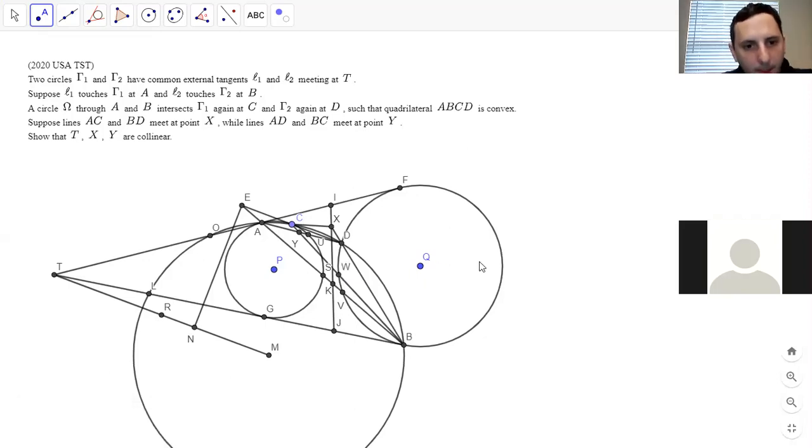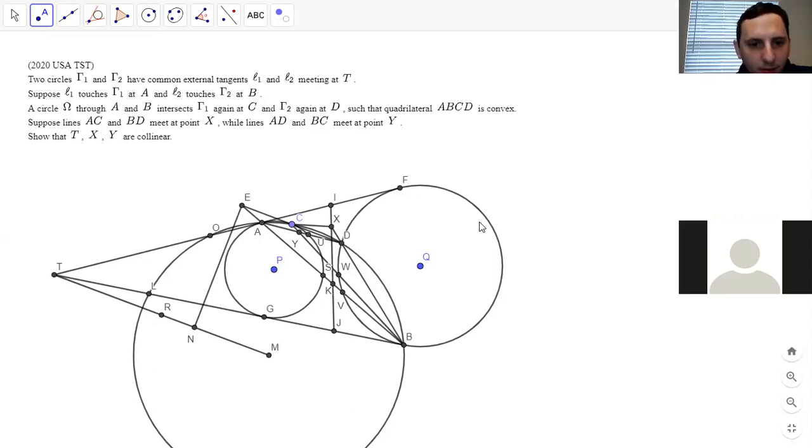There we go. So if we could prove that, if we project onto the circle, AT, AY, AB, and AX will become A, U, S, and C, right?